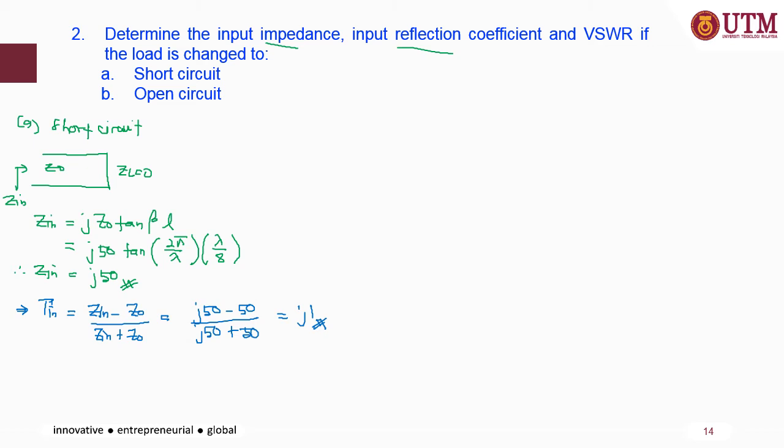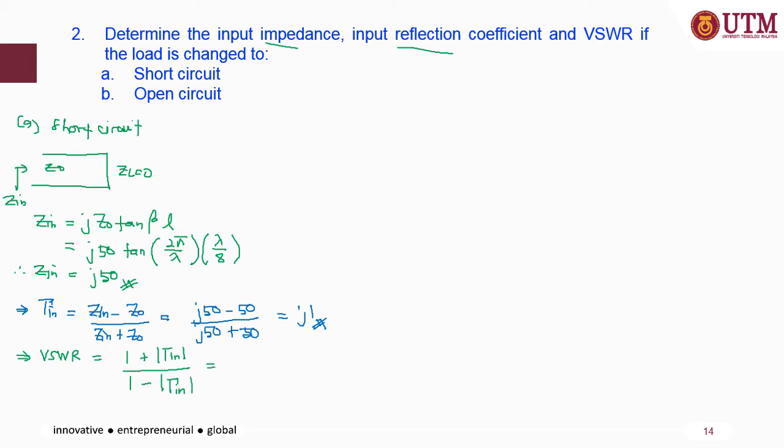Okay, for short circuit, another one, you need to calculate the VSWR. So VSWR equal to the ratio between 1 plus the magnitude of your input reflection coefficient and 1 minus the magnitude of the reflection coefficient.